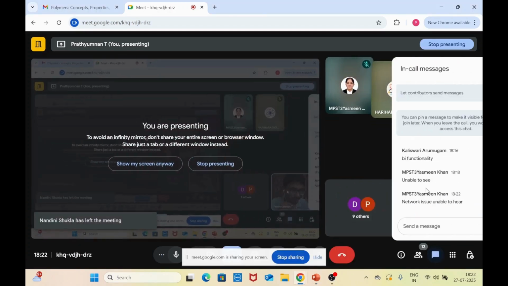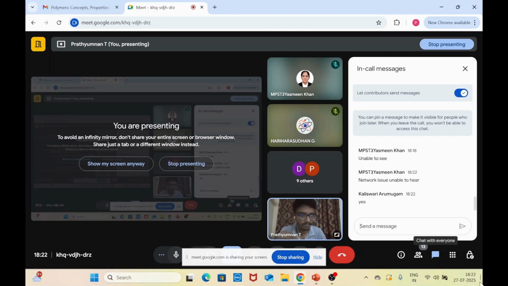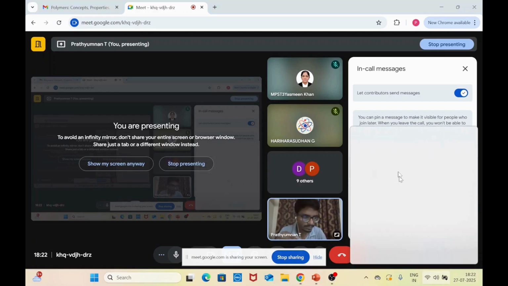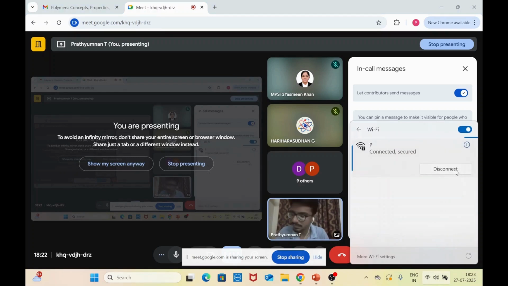Am I audible? Just a second. Let me try to switch my network.